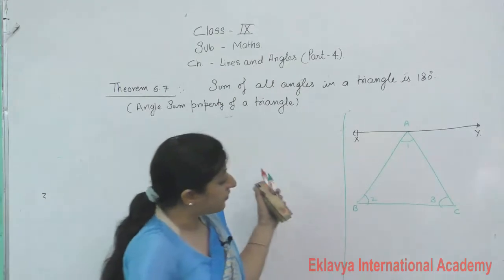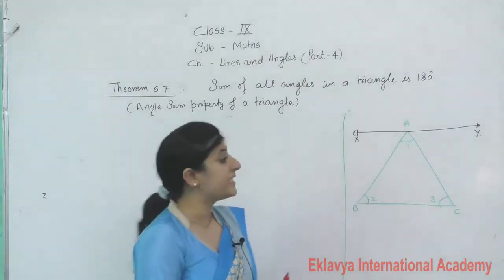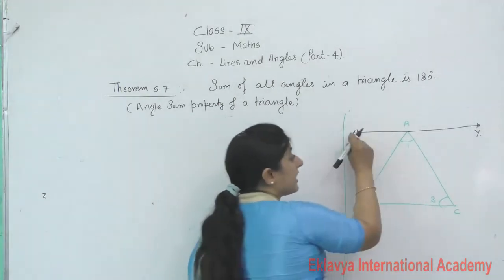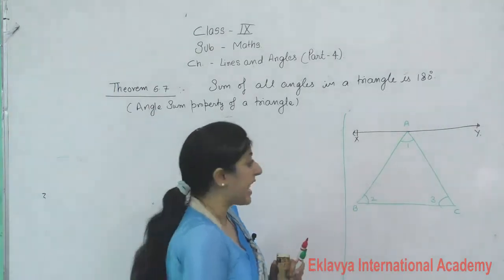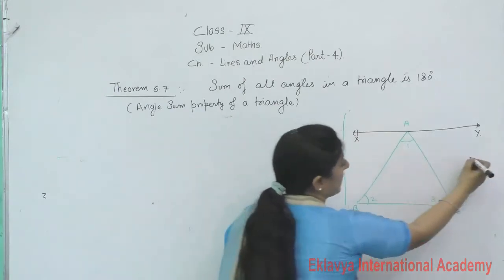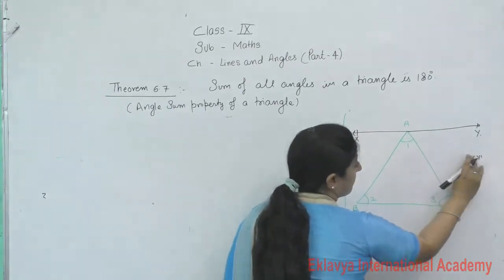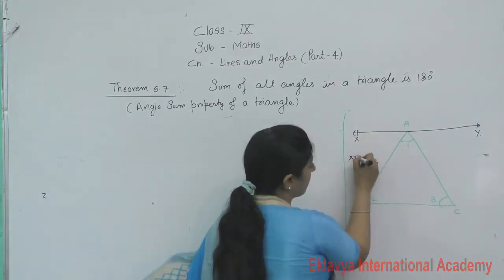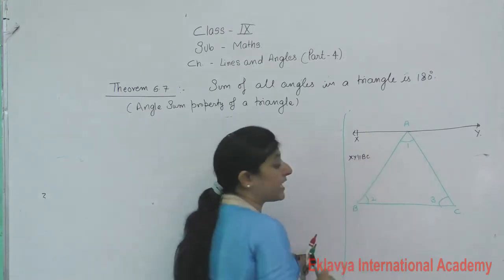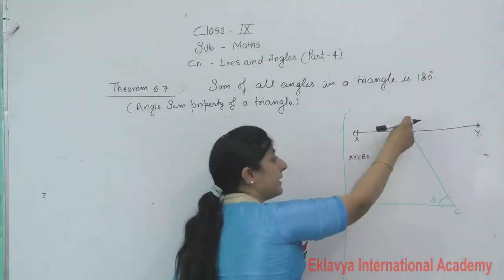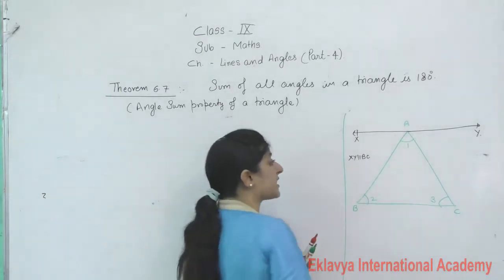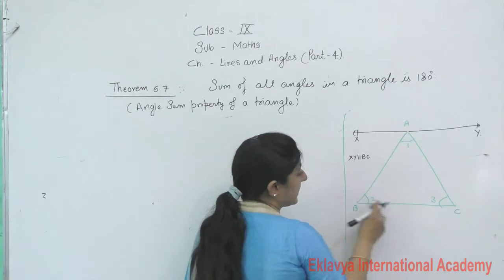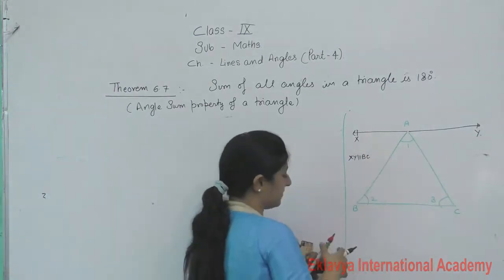Now see, if we want to understand firstly in figure, then see how to do. These two lines are parallel now, XY and BC parallel. If they are parallel, then we can say that AB is a transversal for them. Then they are forming like this.